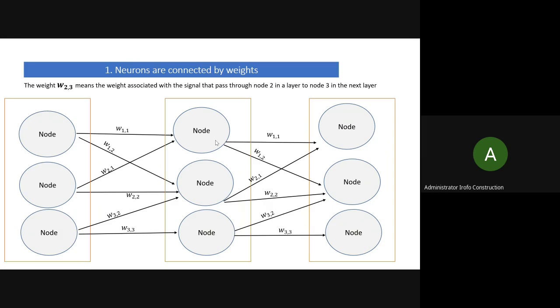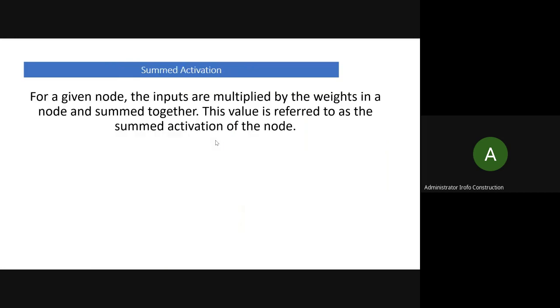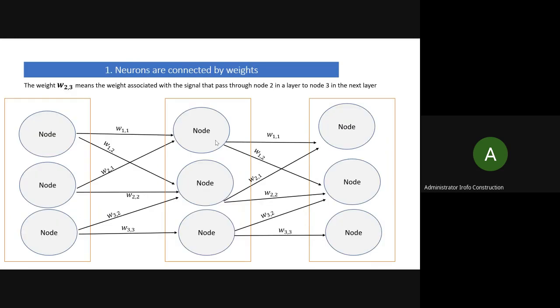So if you understand this one, I can move ahead because there are some terms and symbols that we should know. Anytime you see this node here, it always contains a value.